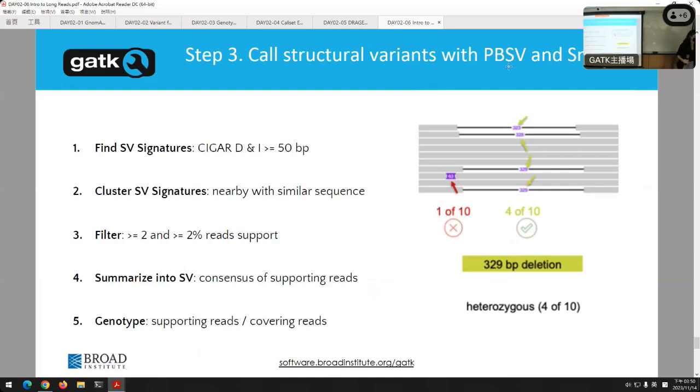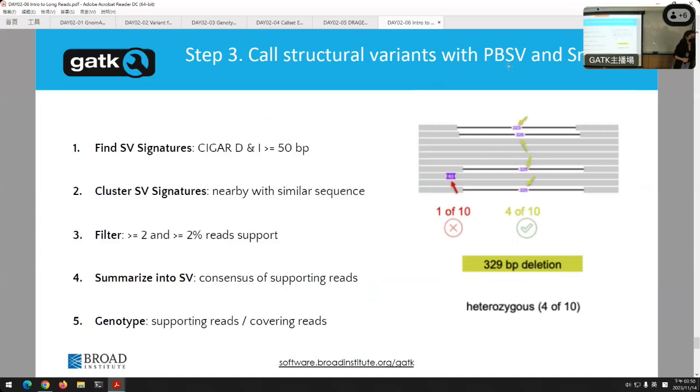And then, of course, we're very interested in structural variants because we're talking about long reads. So we call structural variants, and the team at Broad has tried several different tools for this, including PBSV and Sniffles2. I won't go through the algorithm in detail, but I do want to point out that the first step is to find SV signatures by looking in the CIGAR string for deletion and insertion signals of greater than 50 base pairs.